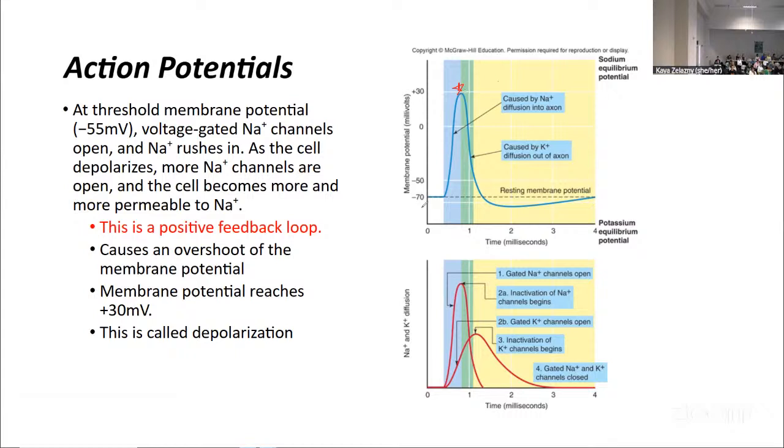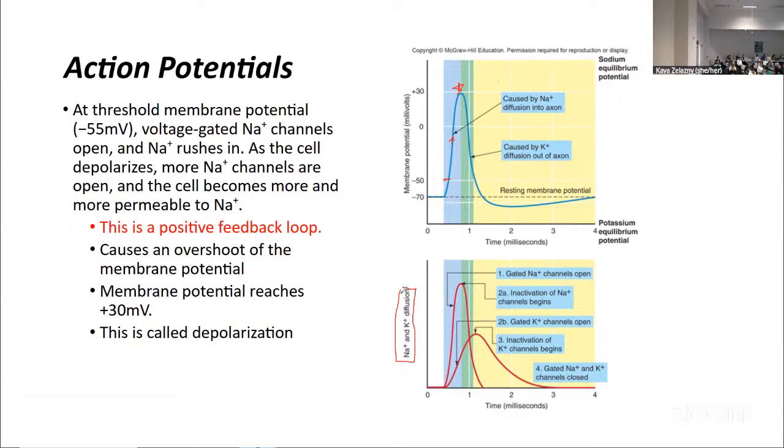We can see that when we get to our threshold, this is when our voltage-gated sodium channels open and sodium comes in, causing this rise in the membrane potential. Down here, this chart is looking at our sodium and potassium diffusion, how they move through channels.